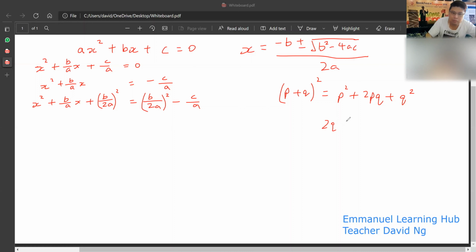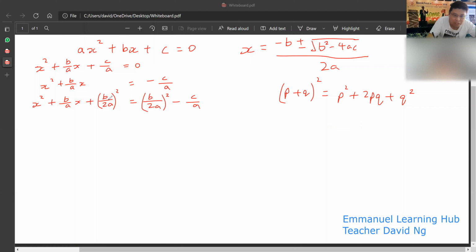Oh, I understand. Okay. So I try to find out what's my Q. My Q is B over 2A. Okay, understand now? Okay, B over 2A. So this is my Q square. Okay.